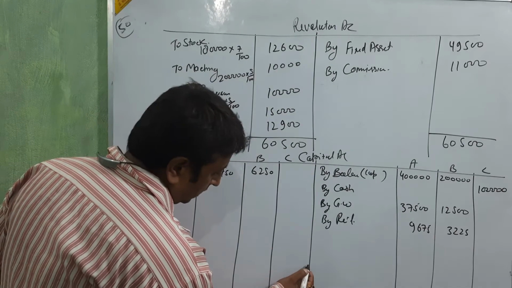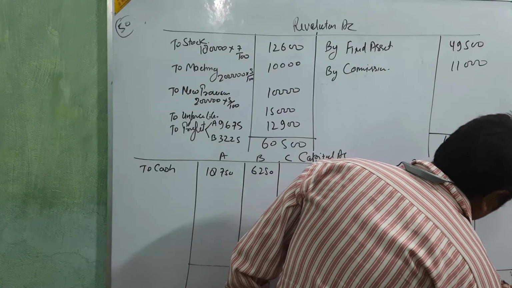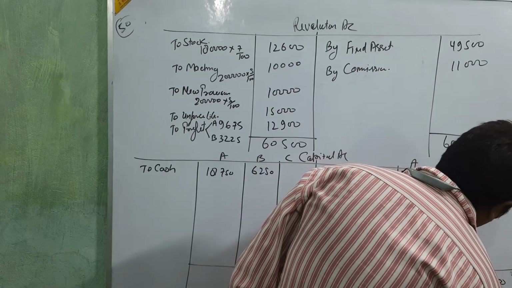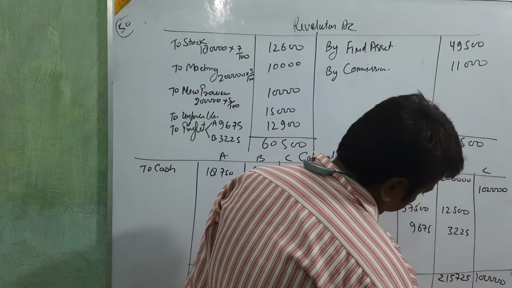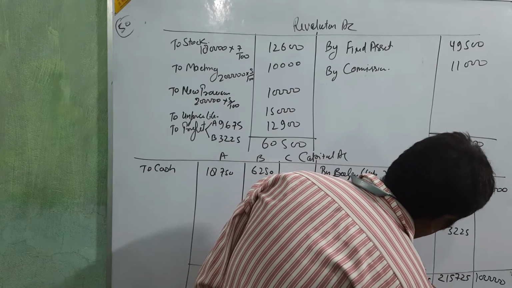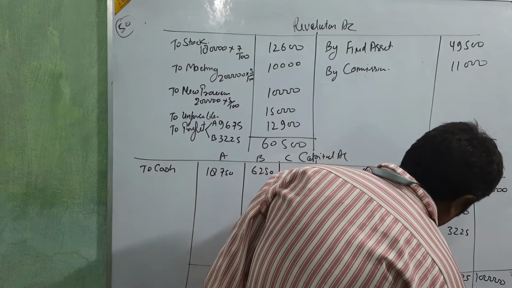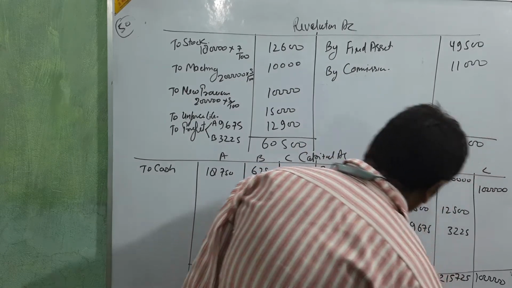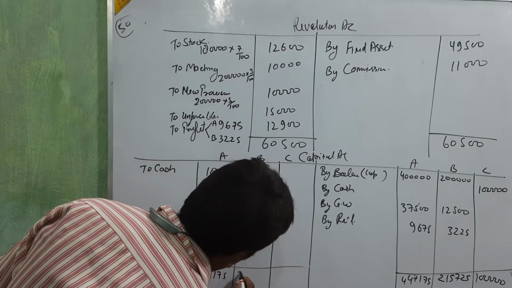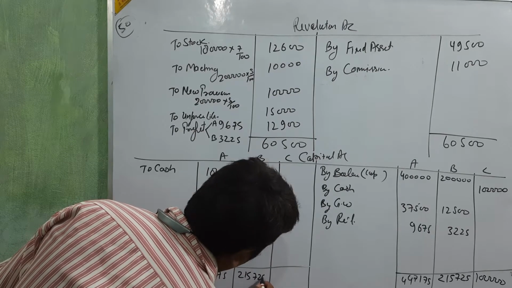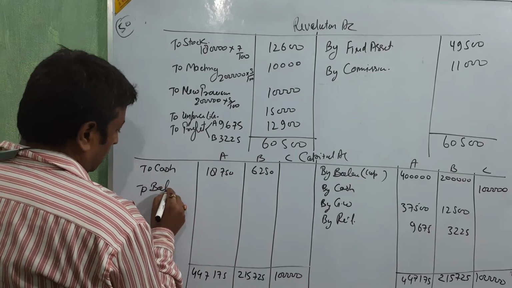Now we are going to total this. This total is 1 lakh, and that side 25, 7, 5, 1, 2. Take the balance to balance.